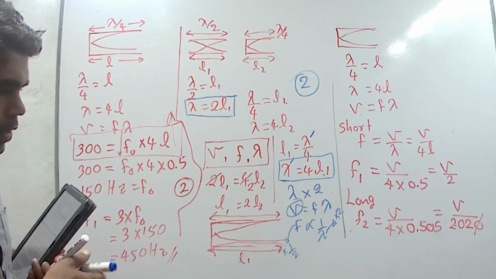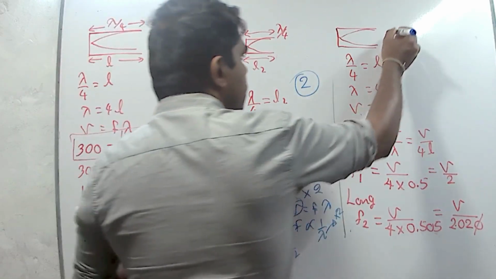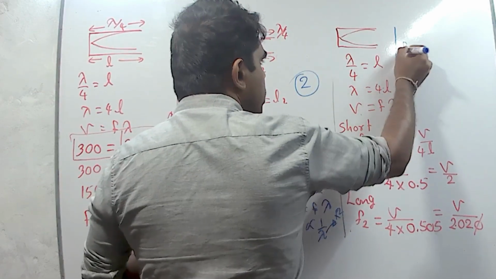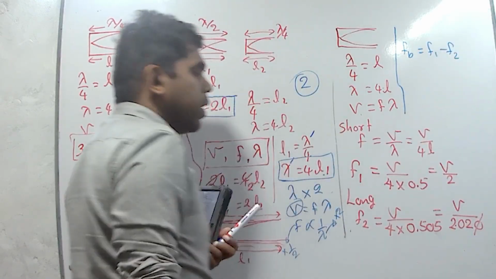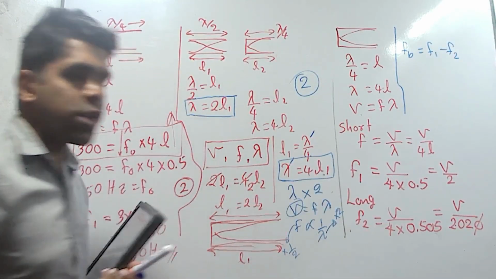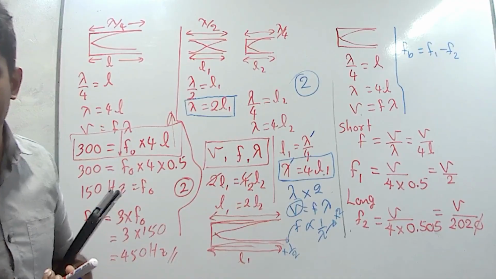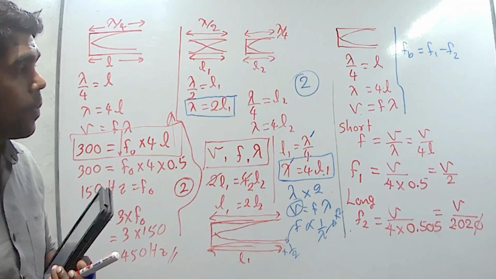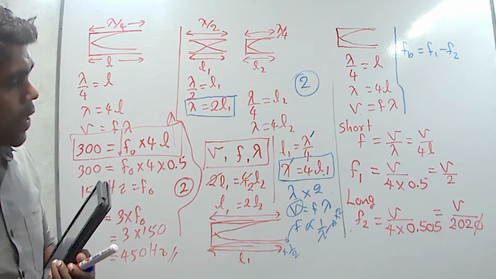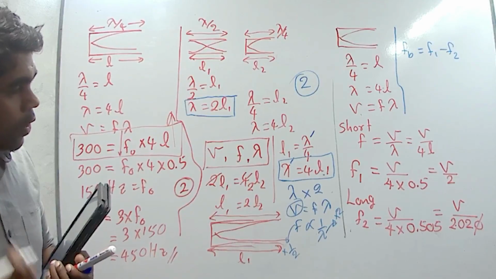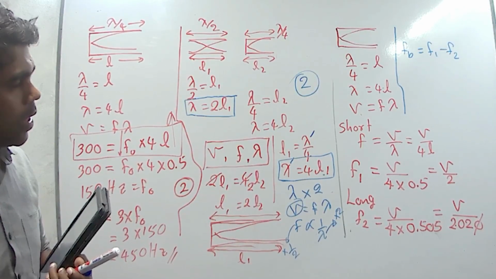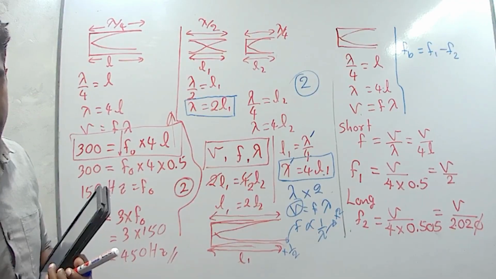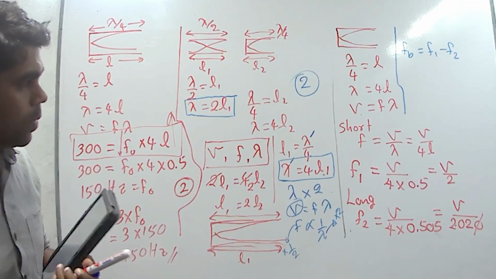Now they have given beats frequency. Beats frequency is F1 minus F2. We know that the difference of frequencies should be equal to beats frequency. When considering the difference, we know that high frequency could be observed for the short tube.